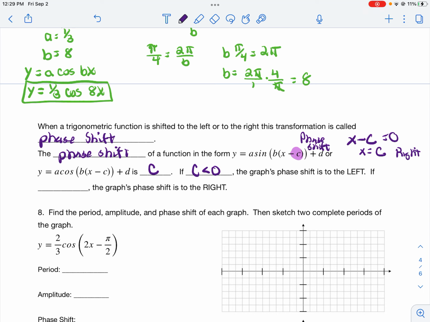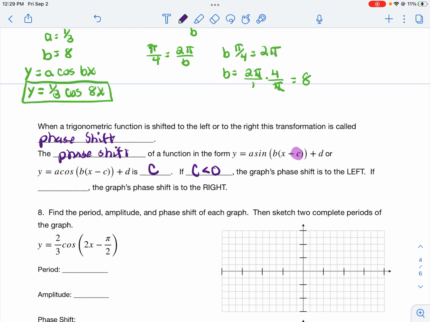But if I have something like x plus c, set that equal to 0, you get x equals negative c, a negative value. I'll show you in the example, it makes more sense.